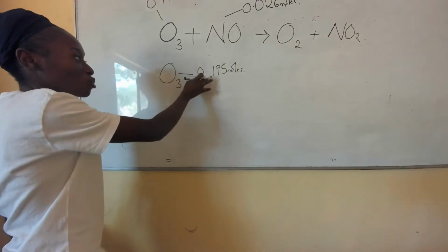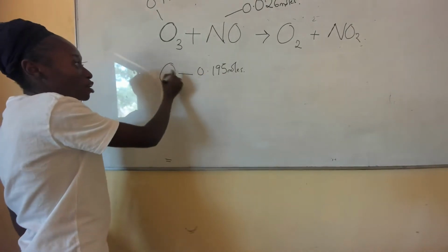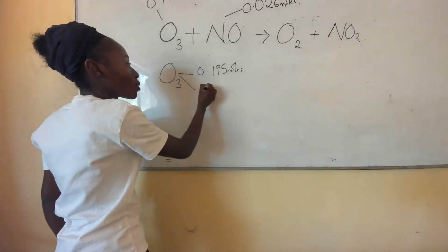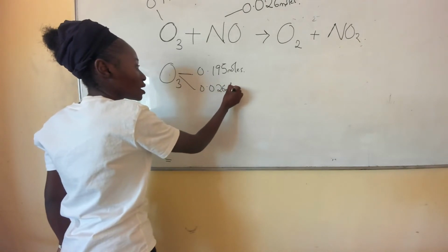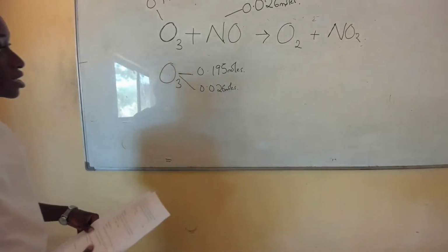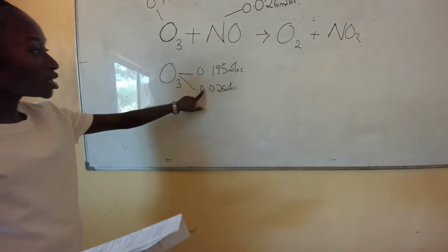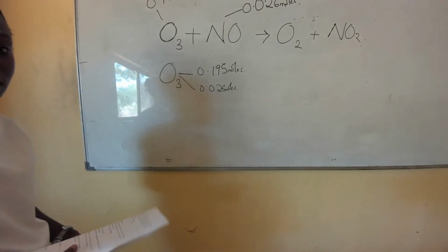This was the amount of ozone that was in excess. This was the total amount of ozone that was present. But of this total amount of ozone that was present, only 0.026 moles reacted. So if only this reacted, we are now going to subtract to find what was remaining.